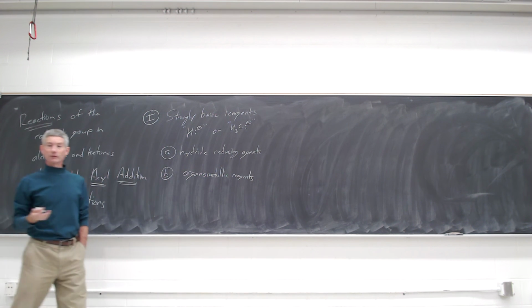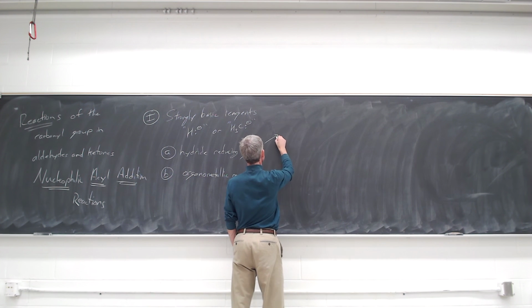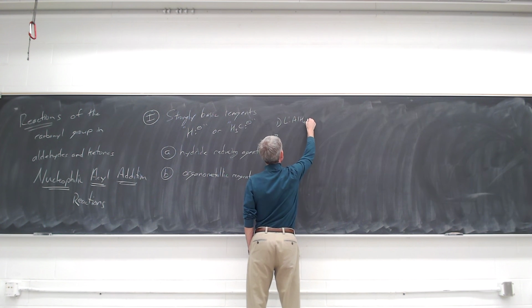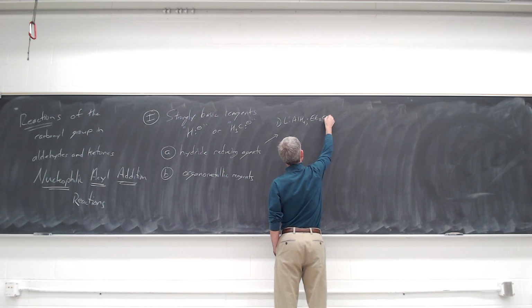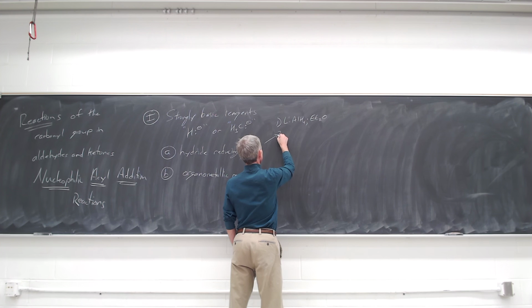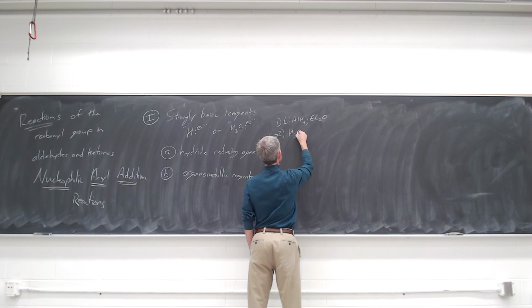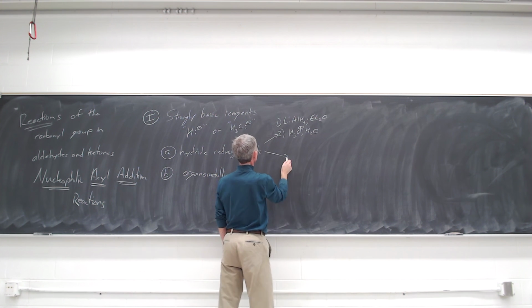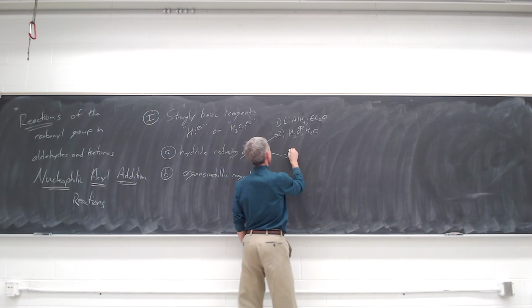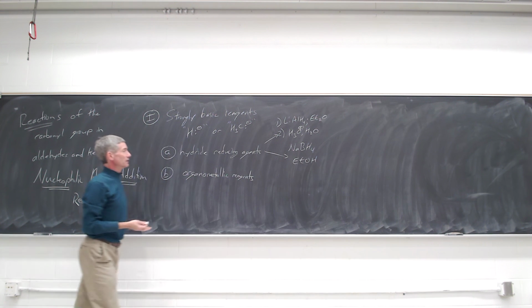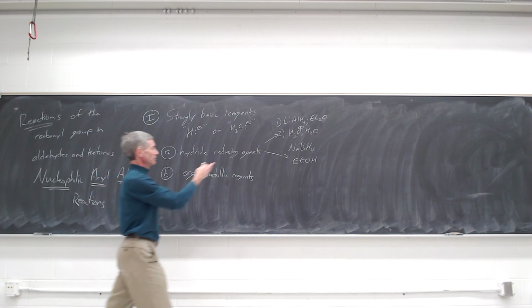Within hydride reducing agents, we have two different sets of conditions. We have lithium aluminum hydride, which is reactive enough that it can only be used in an inert solvent such as ether, and then requires a second aqueous acid workup step. And we're talking about sodium borohydride, NaBH4, which is enough less reactive that you can actually put the proton source in the same mixture by running it in alcohol solvent.